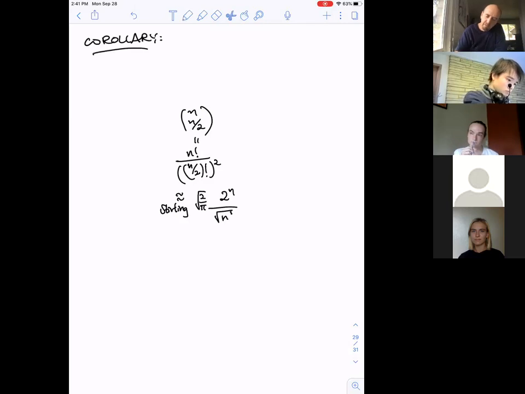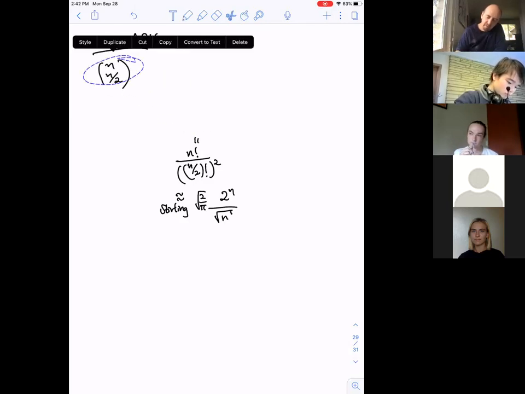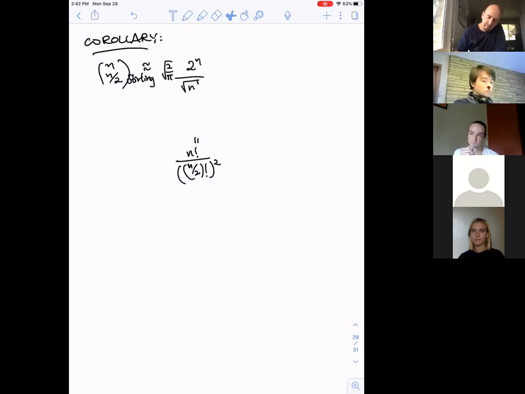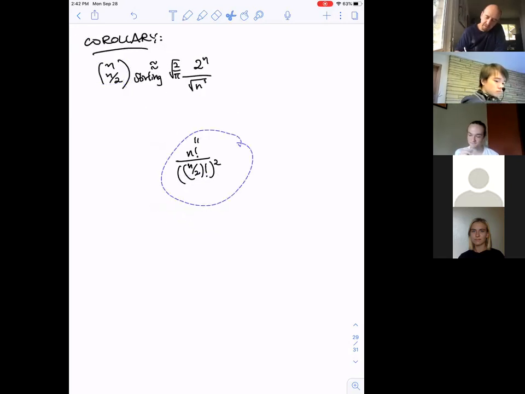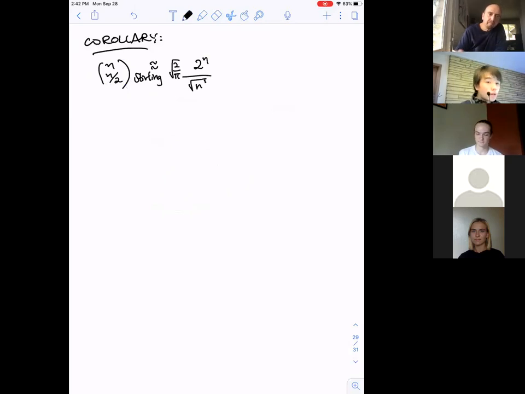And what we were saying up there was really true, that n factorial is about that. Let's just use Stirling. The point being that with n choose n over 2, we've got these factorials in the numerator and the denominator, and now we can approximate the factorials with Stirling.